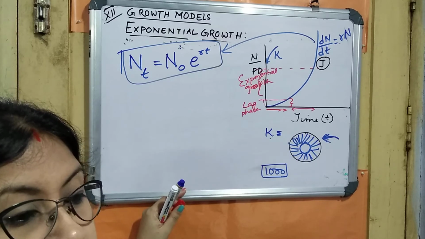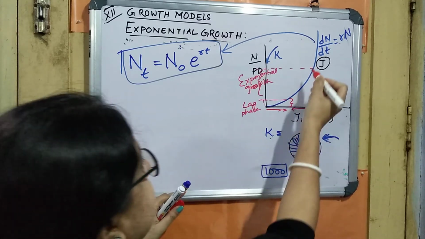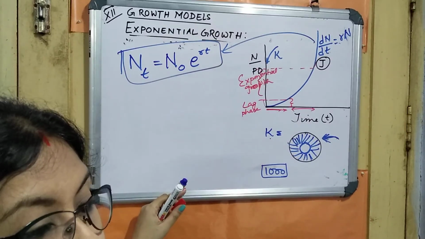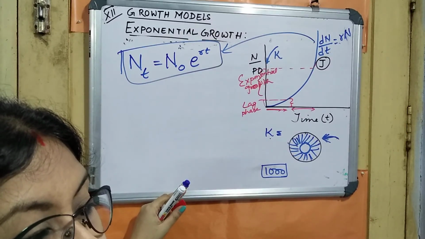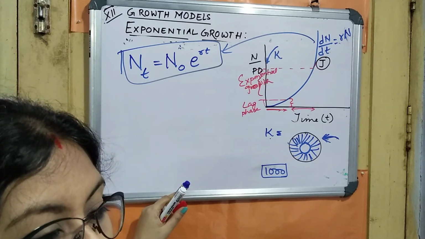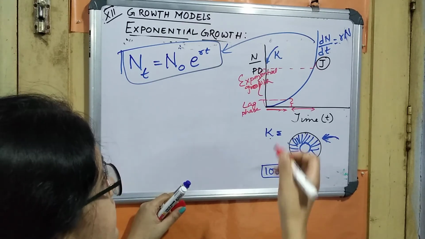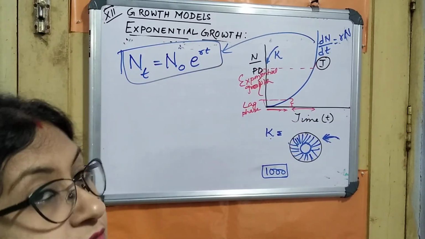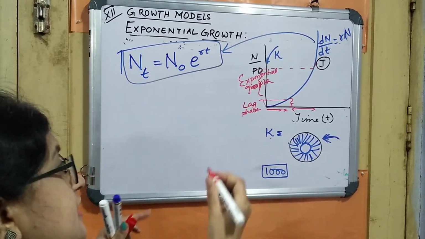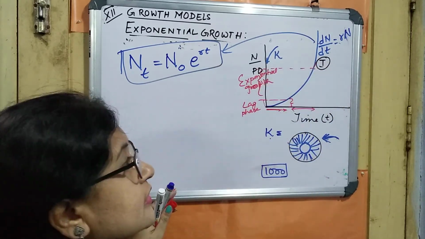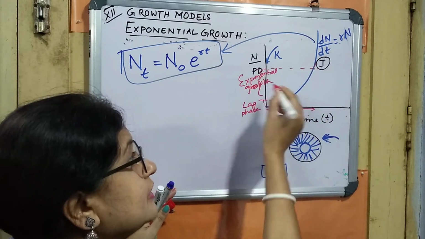But after attaining an upper growth limit, suppose we take this as an upper growth limit, it will start declining, as well as the phase will become stable, right? It will become stable for a period of time, and then it can decline abruptly, because at the same time when we see the population increasing and increasing, what will happen? There will be an effect on the resource. So the resource will not be so much.